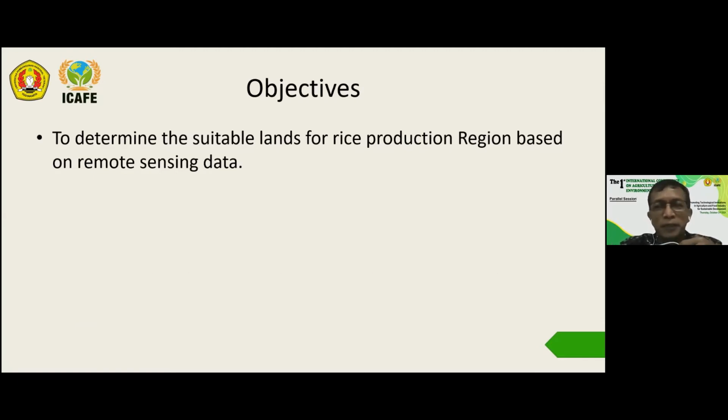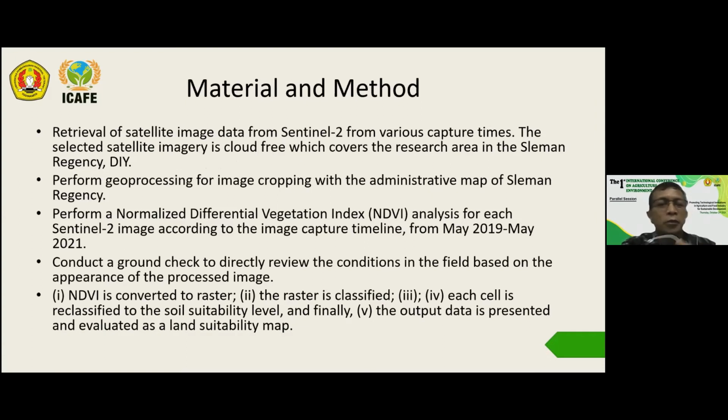One main objective of this research is to determine the suitable land for rice production region based on remote sensing data. So we try to develop a land suitability map based on the data. I retrieved satellite images from Sentinel-2 from various capture times, because we have to select the most cloud-free image.